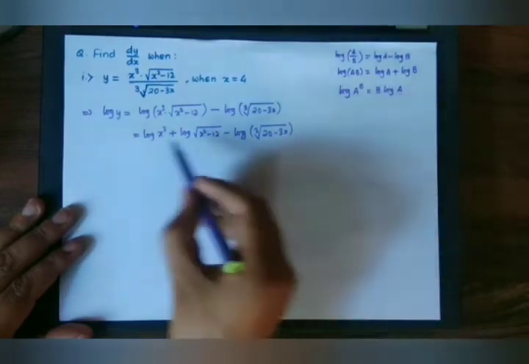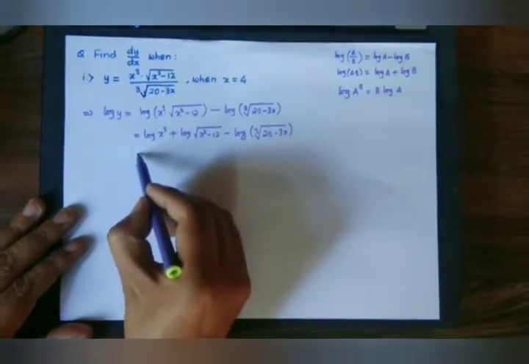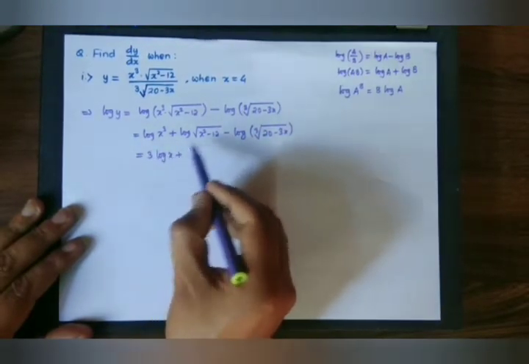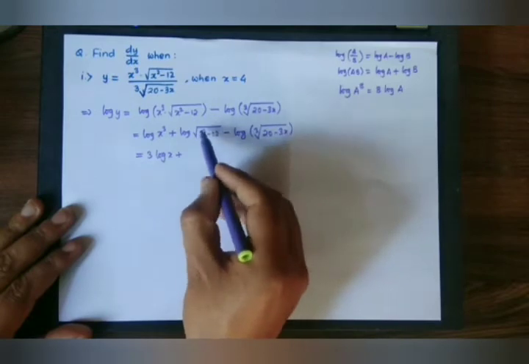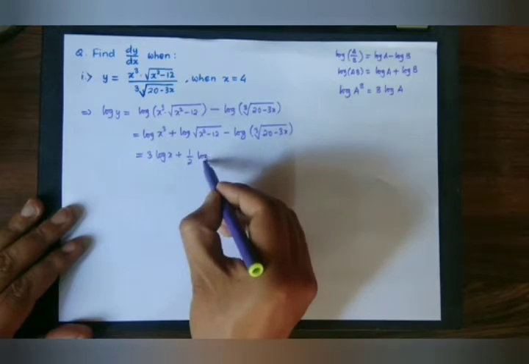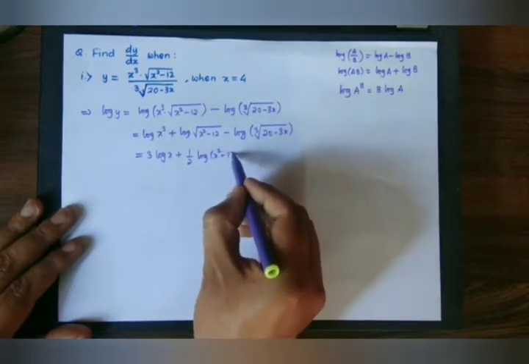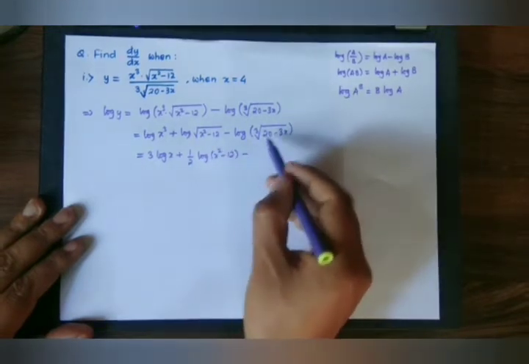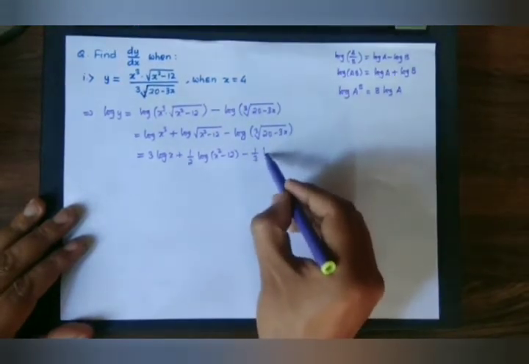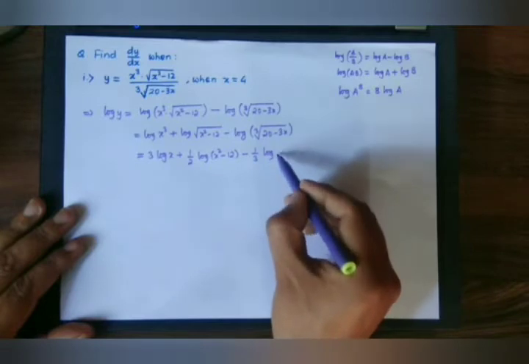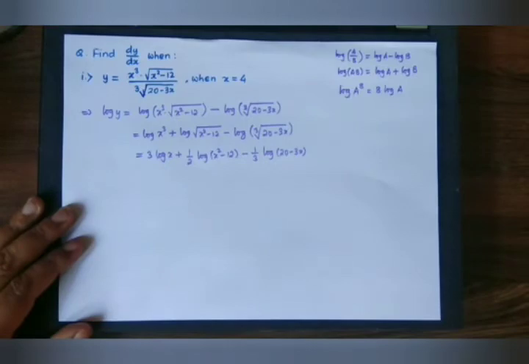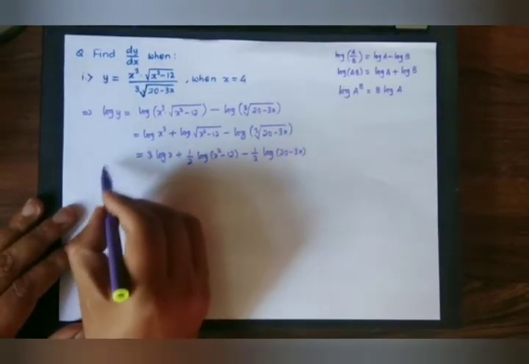So power comes front. So power is 3 here, so this can be written in front. So this is 3 log x plus, similarly here the power is half, so half can be written in front. So half log of x square minus 12 minus, now here the power is 1 by 3, so this 1 by 3 can be written here. So we have log 20 minus 3x.